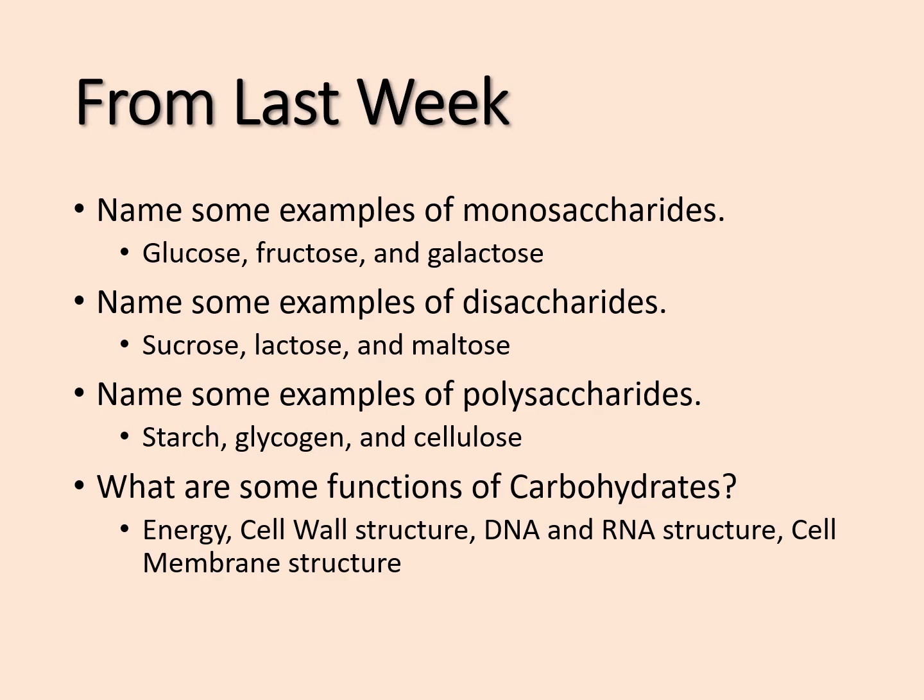But we also talked about a couple other things, right? So especially cellulose being a cell wall structure for plants. We talked about DNA and RNA as having those ribose and deoxyribose sugars, those 5 carbon sugar structures, creating the backbone for DNA and RNA.